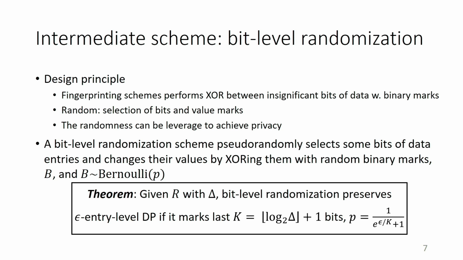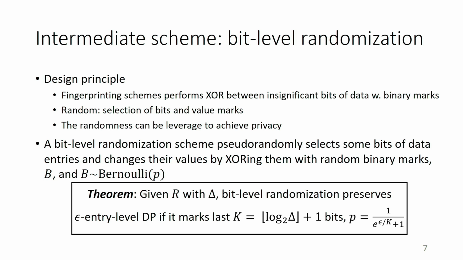So we have this conclusion: this bit-level randomization scheme will randomly select some bits of the data and change their value by XORing their bit value with random binary marks. These marks satisfy this probability distribution.